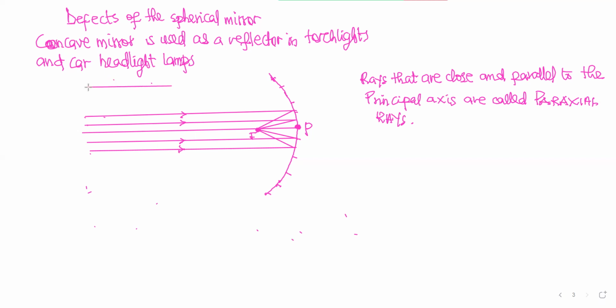What then happens if the ray is not so close and parallel to the principal axis? If the ray is not paraxial enough, it creates a problem. And this is what we are calling defects.